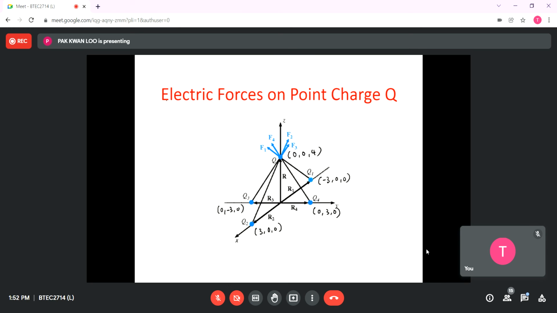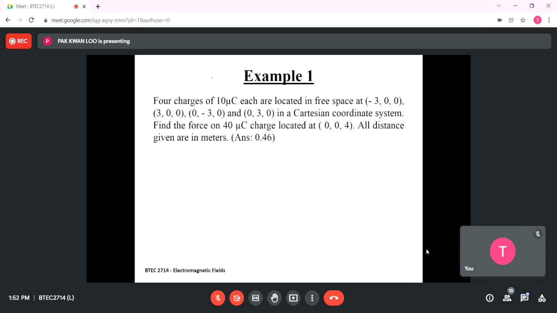And Q1 equals Q2 equals Q3 equals Q4 is 10 microcoulomb. And the Q at position 4 is 40 microcoulomb. Okay.